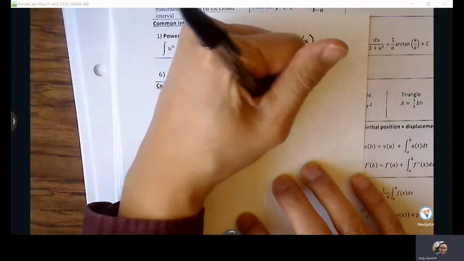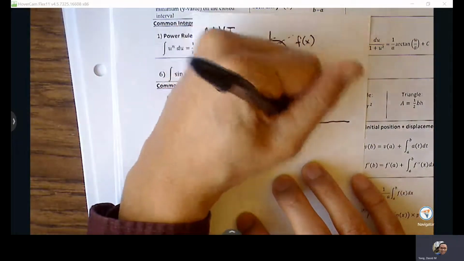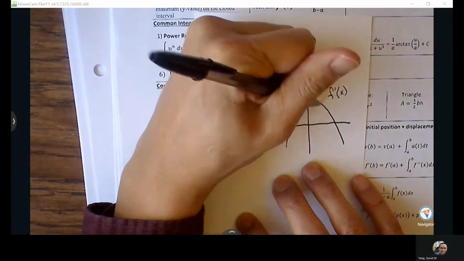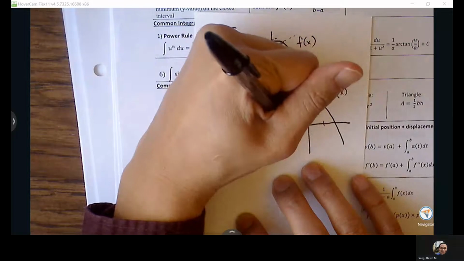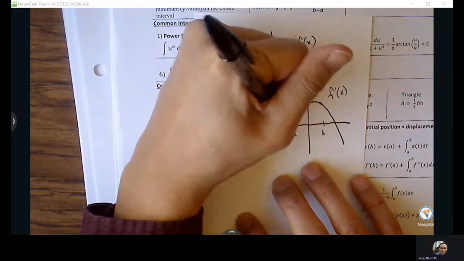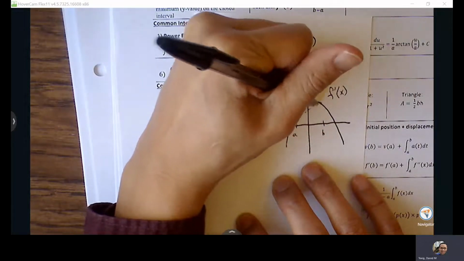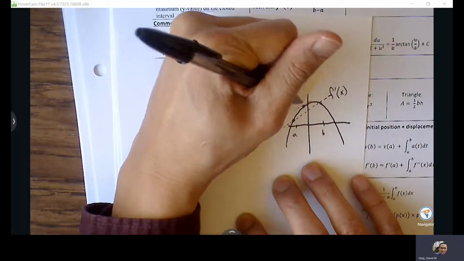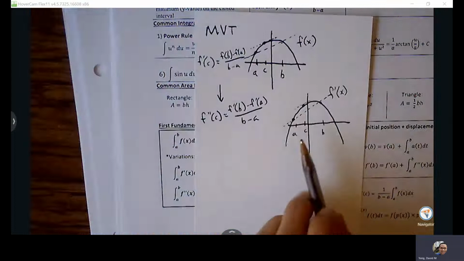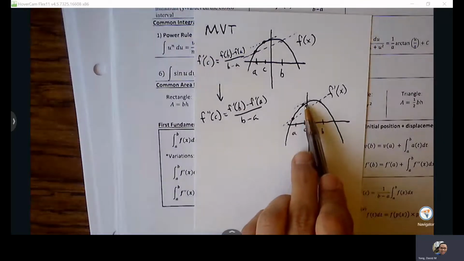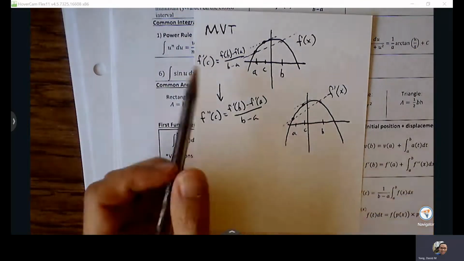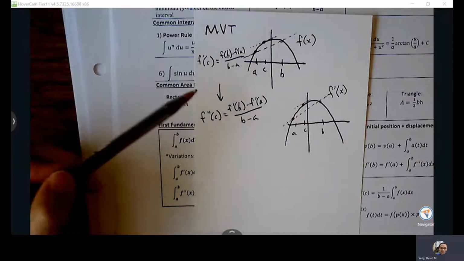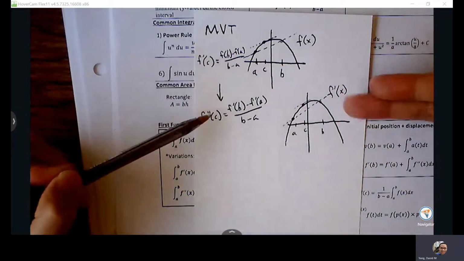If I had an f prime graph, I could take the slope between the endpoints of the f prime graph, and whatever that slope is, that's a guarantee for the second derivative, which is the slope of the f prime graph, for that value to exist. So basically we're doing mean value theorem, but just adapting it for one derivative down.